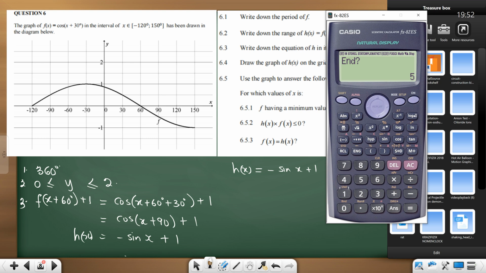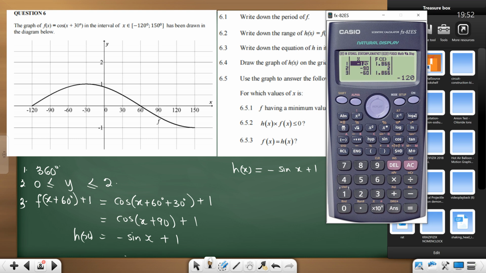Where are we ending? 150 as given. Now look at the graph. You have a step. We can actually use a step of 90s, but let's use a step of 30s, because we're given that.